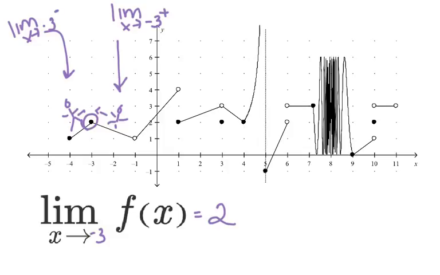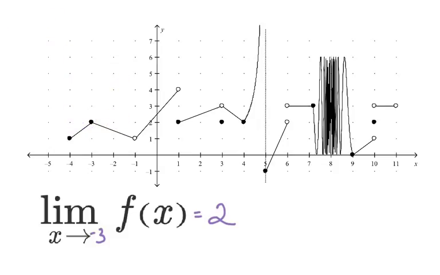Now, let's look back really briefly at those one-sided limits again. Now, if we were thinking about x equals 1, think back. On this side, we're walking towards 2, but on the right side, we're walking towards 4.